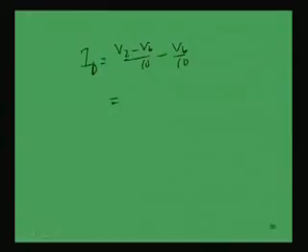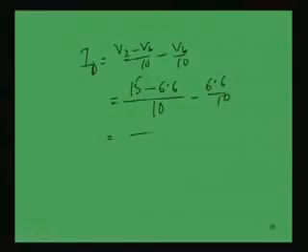So, just replace these values, V2 minus Vb by 10, V2 we have already given in the circuit as 15 volt. So, 15 minus Vb we have found out 6.6 volt, right. So, divided by 10 minus again Vb by 10, 6.6 by 10.